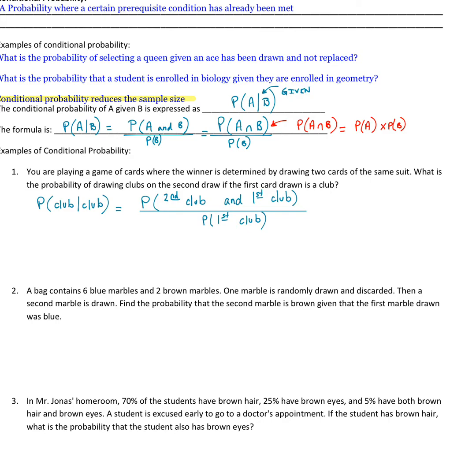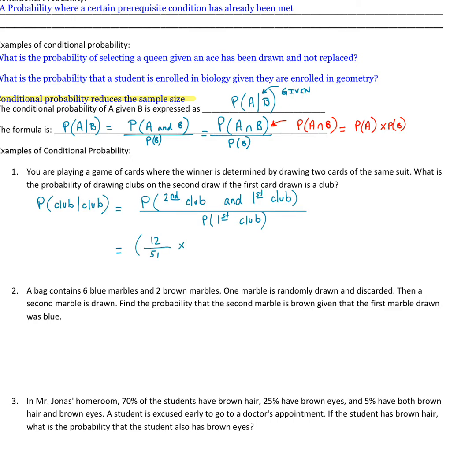All right, so probability of a first club. Okay, so if you think back to independent and dependent events, we're going to assume we pulled a club on the first draw. So now there's only 12 clubs left in our deck, and only 51 cards left.